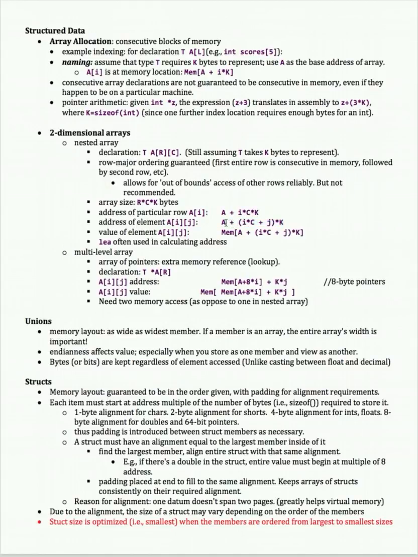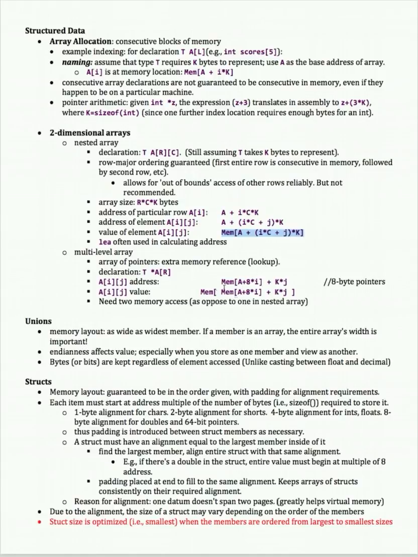A is the beginning part of the address, the beginning of the array, where I times C times K is the address of the corresponding row, the ith row, and J times K becomes the address of the jth column. Okay, and correspondingly, to get the value of the element, we access the memory, right?